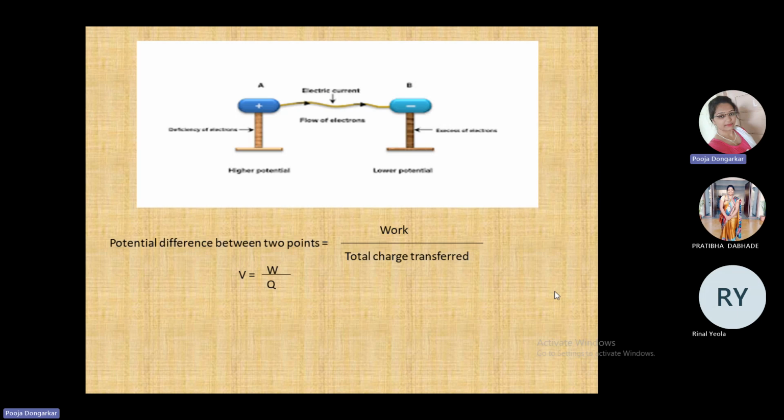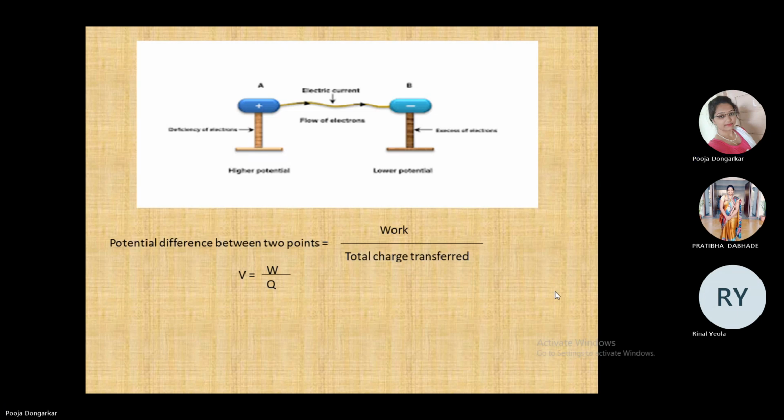Just see this image. The first is point A and the second is point B. First is positive and second is negative. Sorry, there is disturbance.